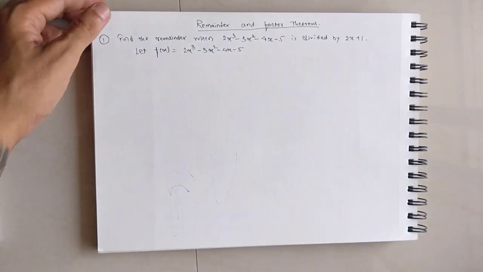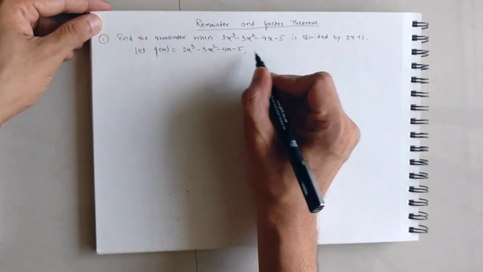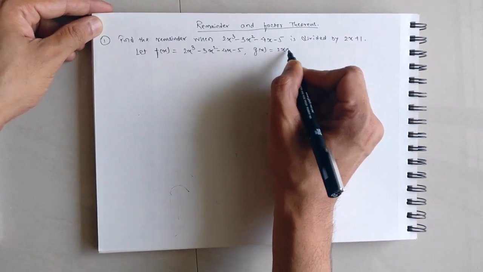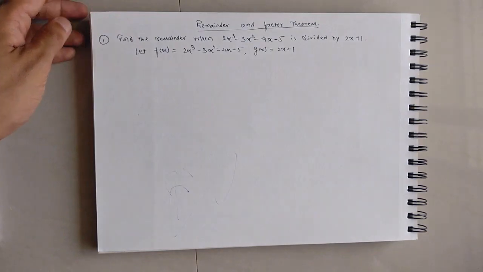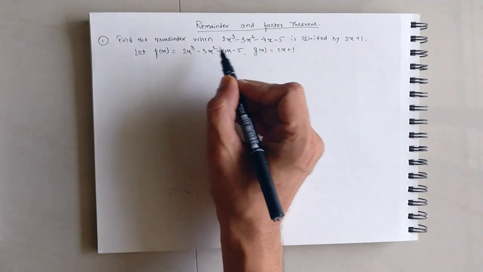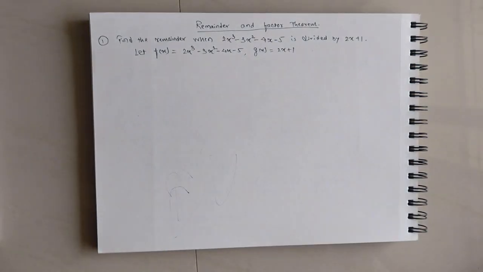This is f of x, and g of x is equal to 2x plus 1. This is the divisor. We have to find the remainder when f of x is divided by g of x, but we do not have to apply the long division method.